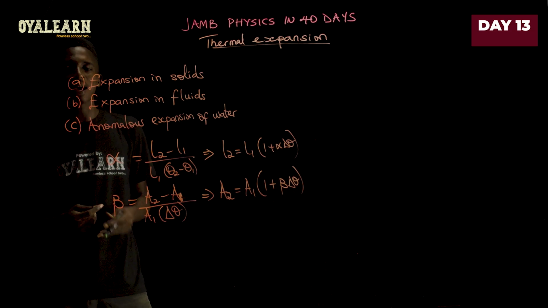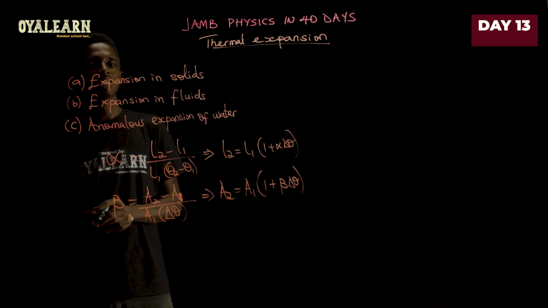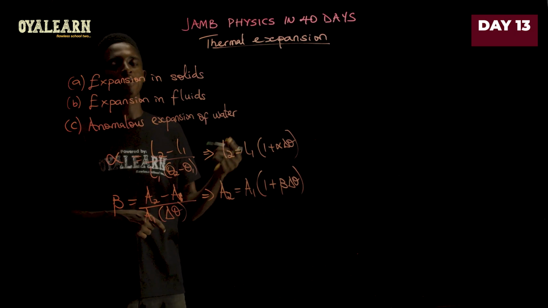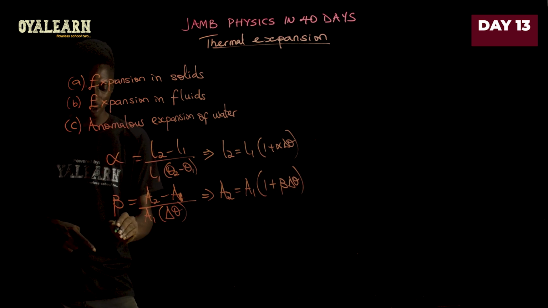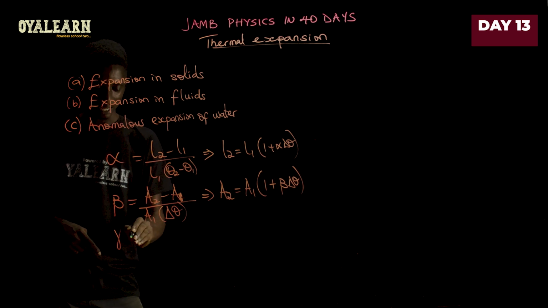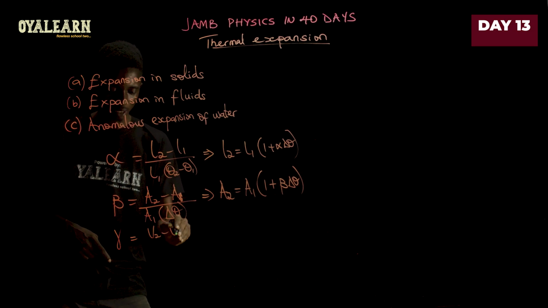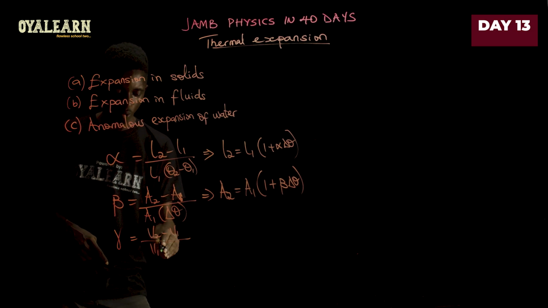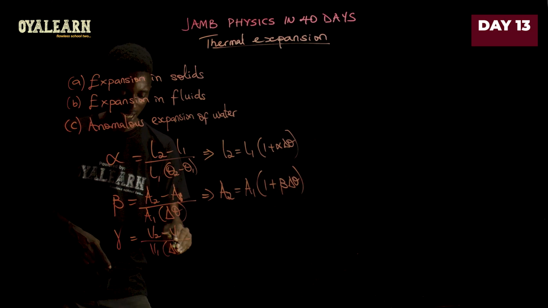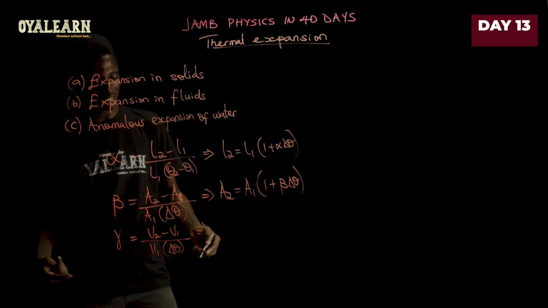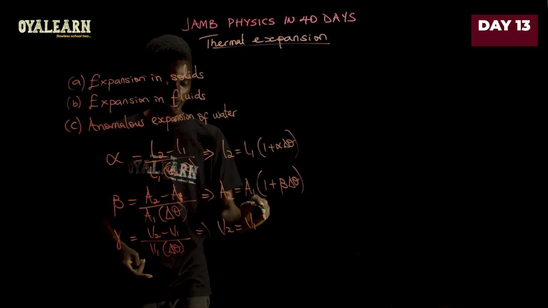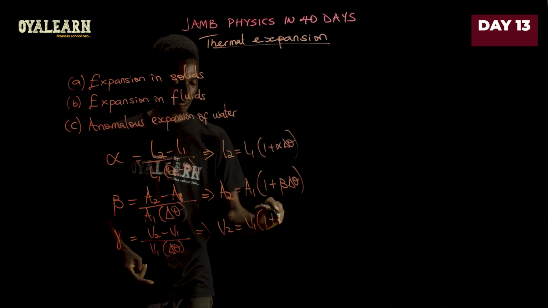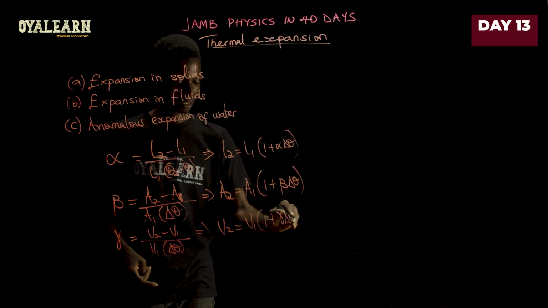And then the same thing applies for volume expansivity. And take note, another name for volume expansivity is cubic expansivity. But that one is denoted with the symbol gamma. And gamma would be V2 minus V1 over V1 into delta theta. Or we just write the same equation and say V2 equals V1 into 1 plus gamma delta theta.